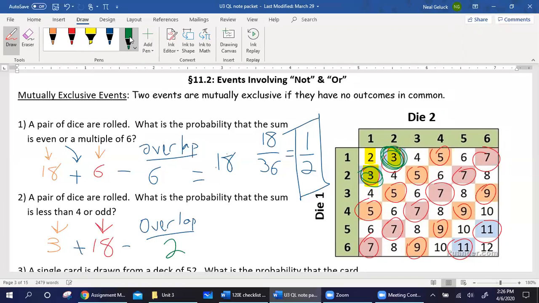So there were 2 numbers that I overcounted. So that would give me 21 minus 2, so that's going to give me 19. The total possible outcomes that are either less than 4 or odd. I put that over the total possible, which is 36. That one doesn't reduce, so we can leave it.